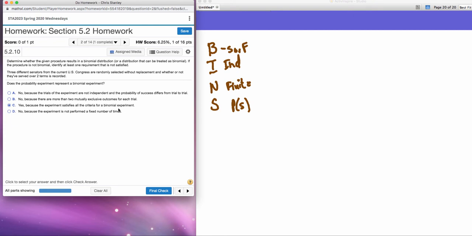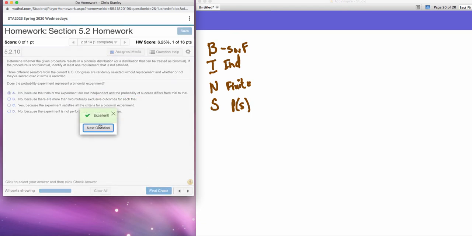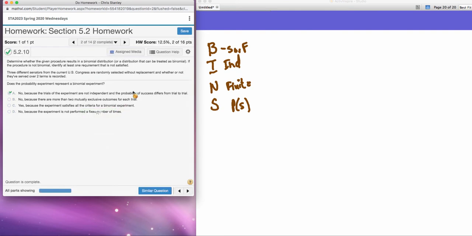Okay, so it's definitely no. They're going to serve without replacement, so you're not putting the people back in. Once one person gets picked, it's going to mess up your probability. They have to replace for the binomial.